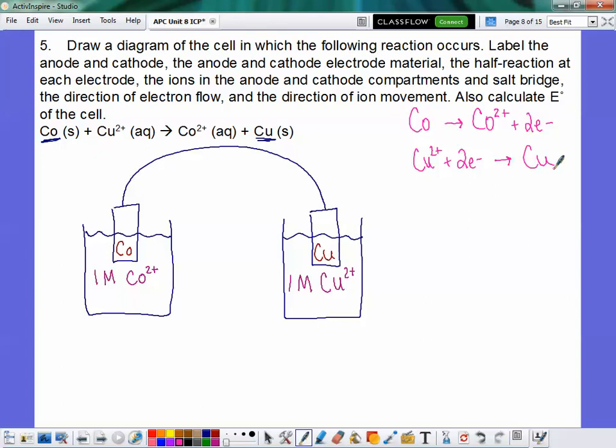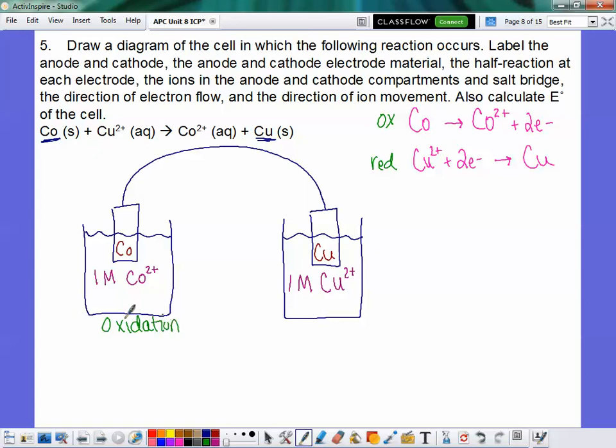Okay? Which one of these is oxidation and which one's reduction? This first one's oxidation, the second one is reduction. Good. So at the cobalt electrode, we have oxidation occurring.